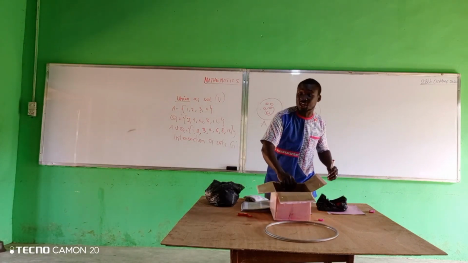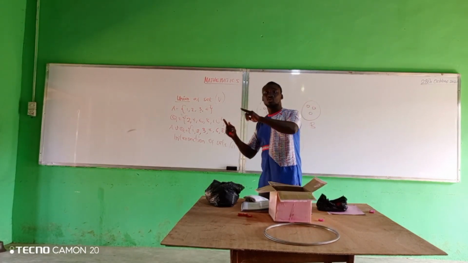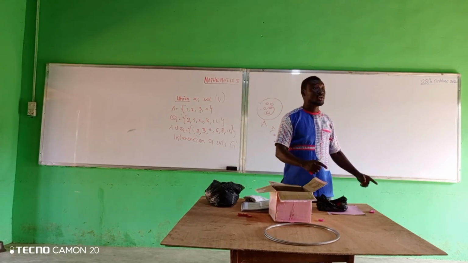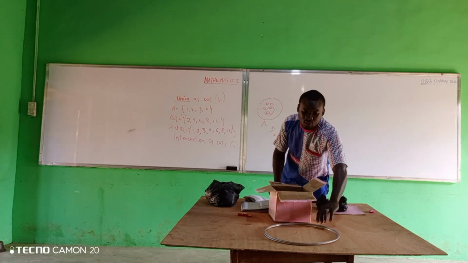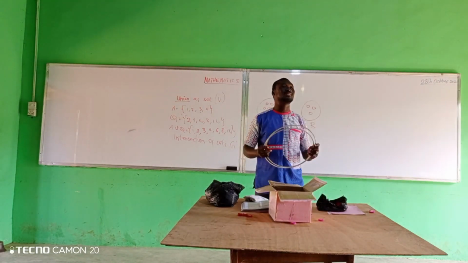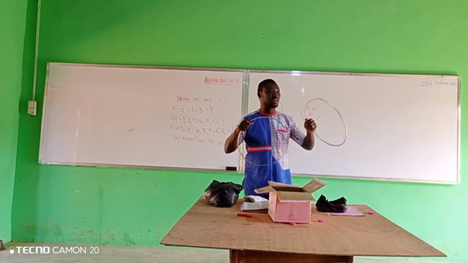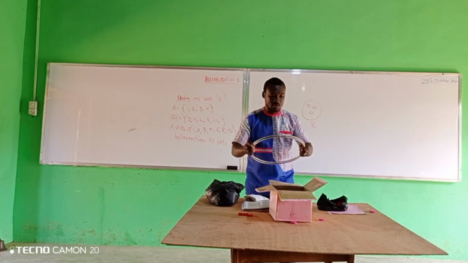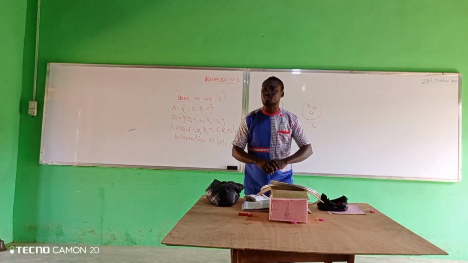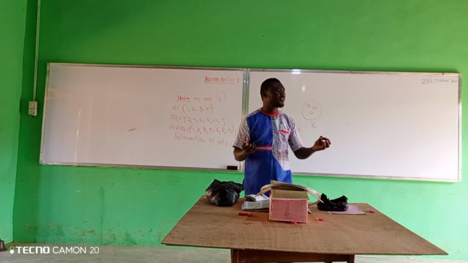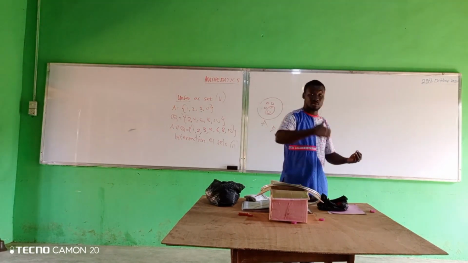Now, this is just a revision of what we did in Form 2. In Form 3, we are going to deal with two intersecting sets. Now, let's look at one thing. We have types of sets, and we have done that already.